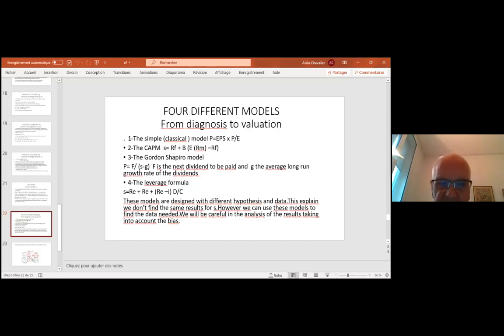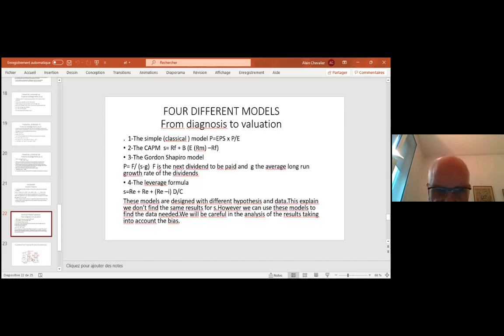Best thing is to use the futures of the best index of the stock market. Have a look at the American, the US stock market. It is the futures on the Standard & Poor's S&P 500 minus the risk-free rate.